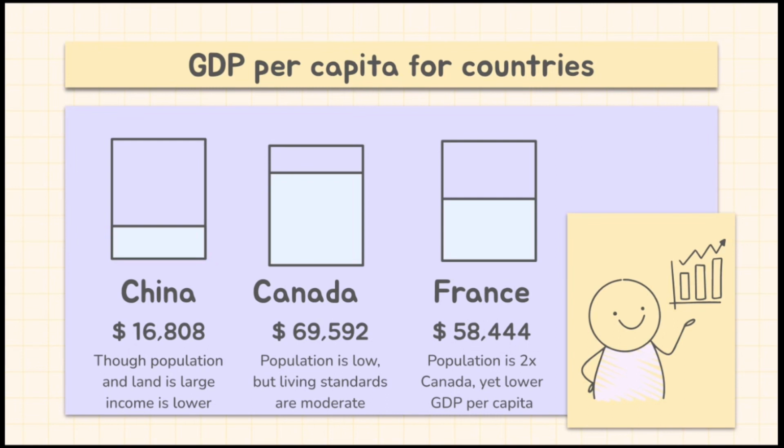So these three countries have distinct populations. For example, China does not have a relatively high GDP, even though it has one of the highest populations in the world. Yet Canada has a growing economy despite its population of around 38 million. France has a larger population than Canada, but it has a lower GDP than Canada. So these are things to consider while comparing GDP per capita amongst countries.